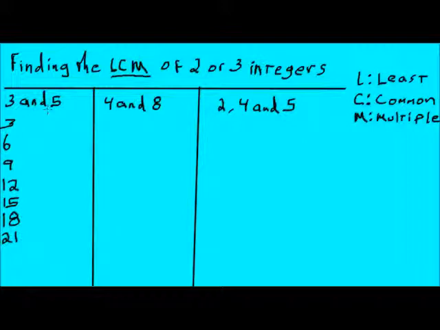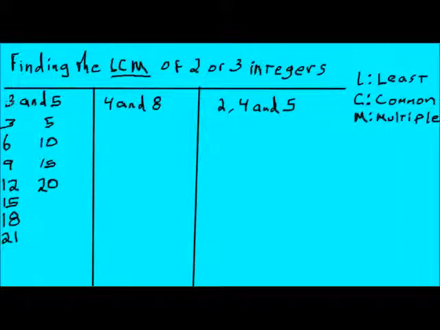So now we want to list all the multiples of 5, which is pretty easy. So you got 5, 10, 15, 20, etc. So the least common multiple, least meaning the smallest multiple, that they have in common, is just that. It's the very first multiple that the two numbers have in common.